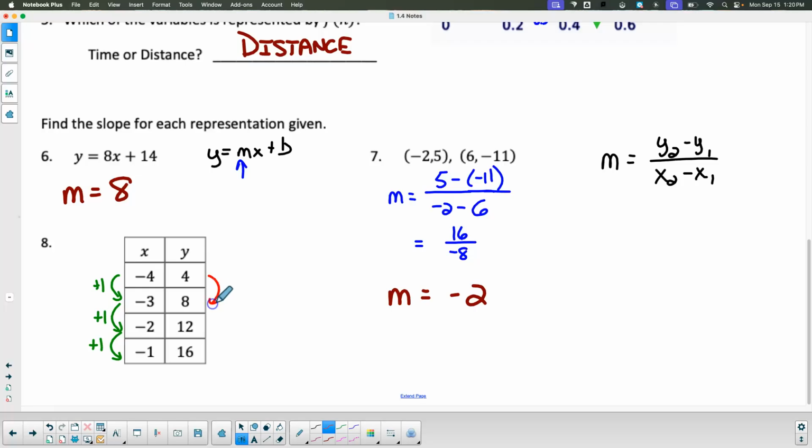Here, we're going up by 4, up by 4, up by 4. So the slope here is positive 4. It's that change in your outputs in consecutive terms. Okay? 3 different ways to find slope.